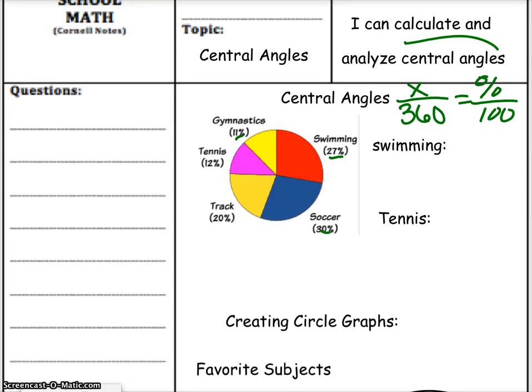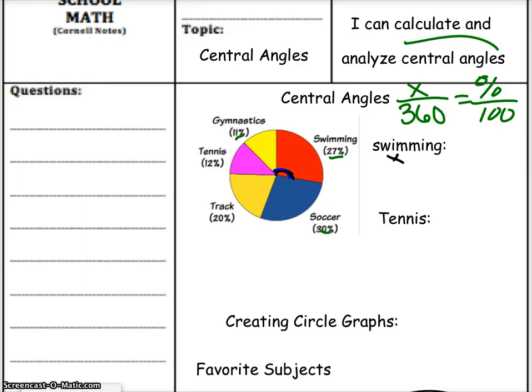Looking at this circle graph about different sports, gymnastics, tennis, track, soccer, swimming, I want to know what is the central angle of swimming. That means right here. What is the measure of that without taking out a tool to use it?